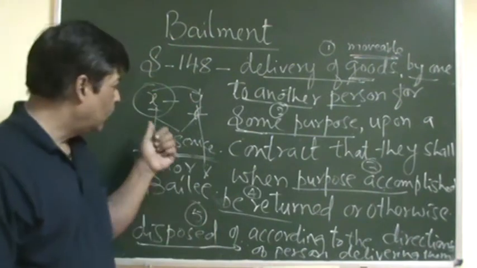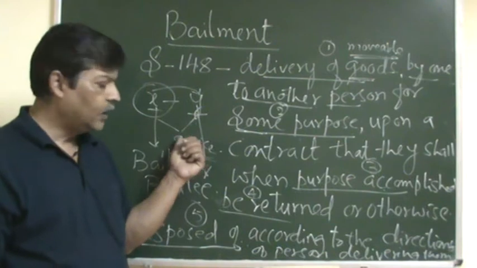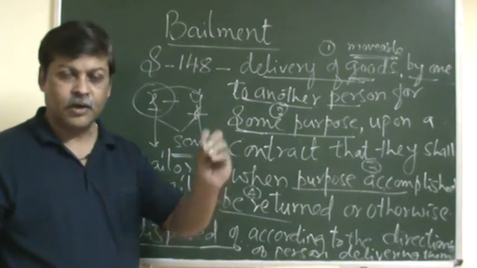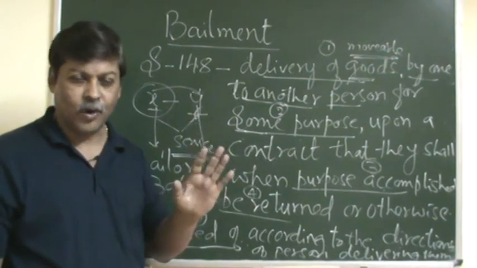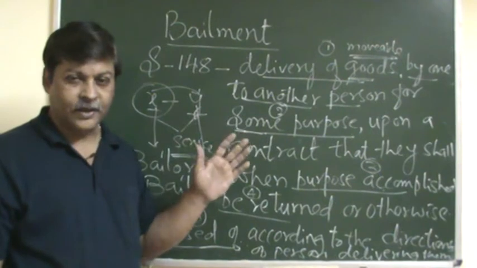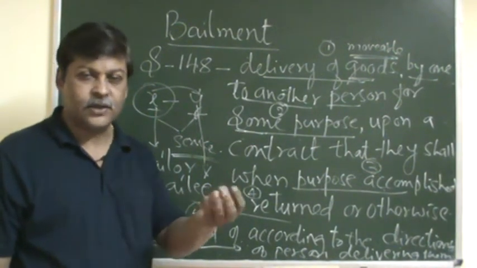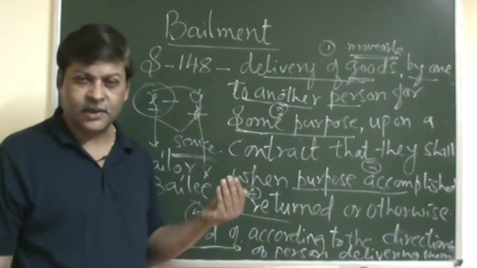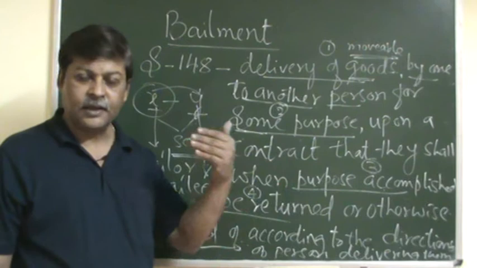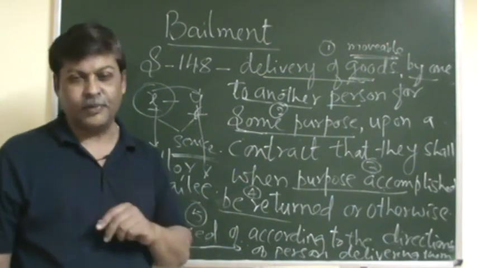For example, X and Y are friends, and X gives his car to Y for one week because of a function in the house of Y. He is not expecting anything in return from Y, and he is not charging any hire charges. It is done out of friendship.